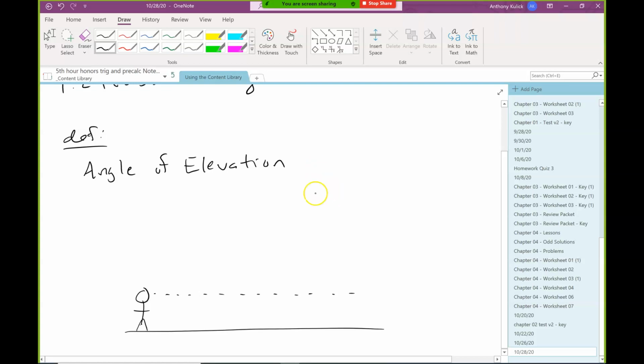And let's say up in the sky there's a person in a hot air balloon or something. And they decide to look up. This is our angle of elevation, measured from their line of sight up to that object they're looking at in the sky.